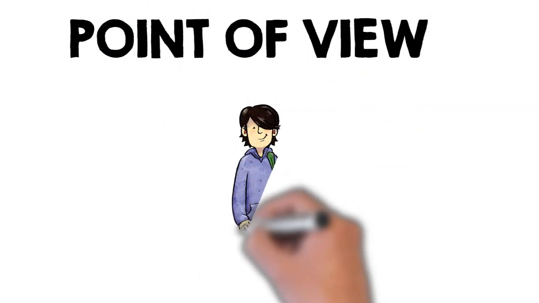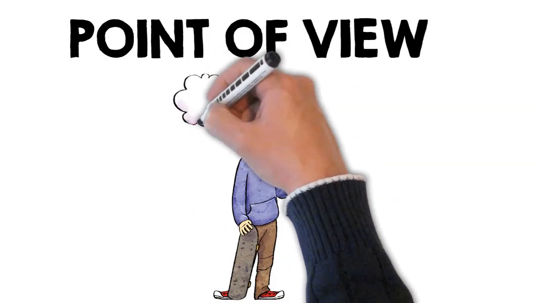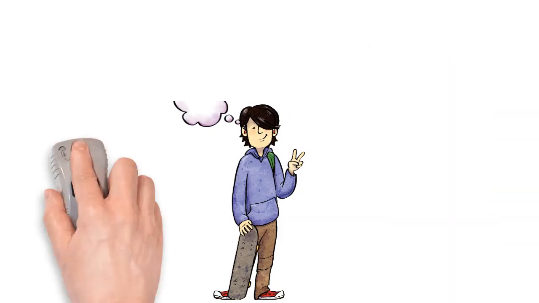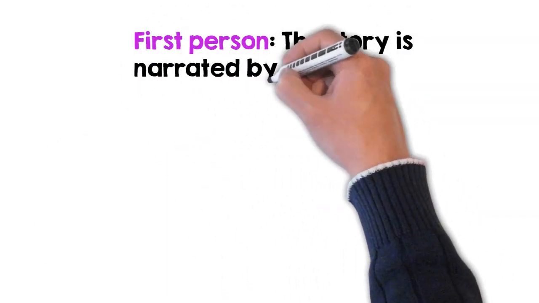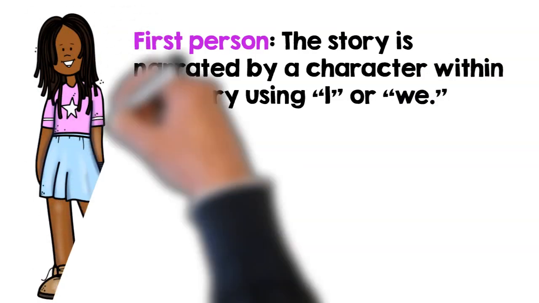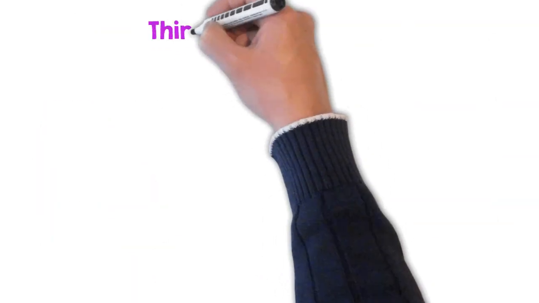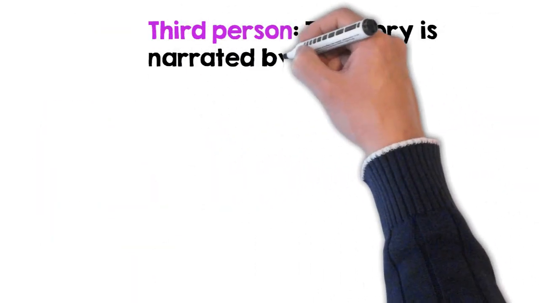The point of view can be an interesting feature to compare and contrast between two fictional stories. Point of view. First person. The story is narrated by a character within the story using I or we. Third person.